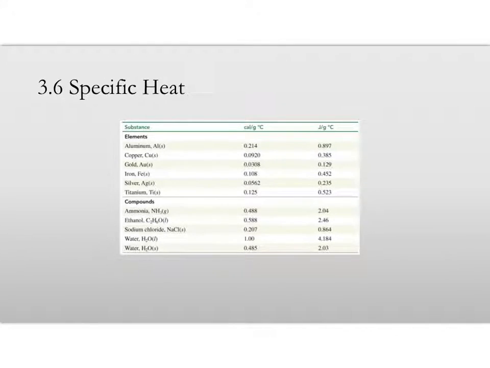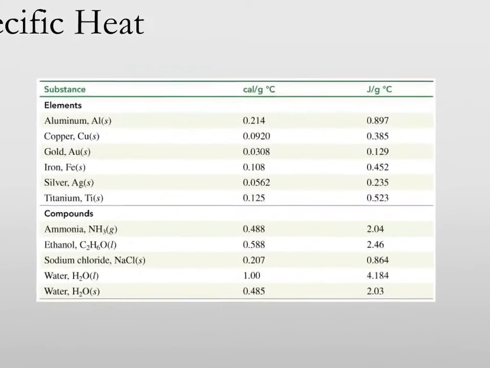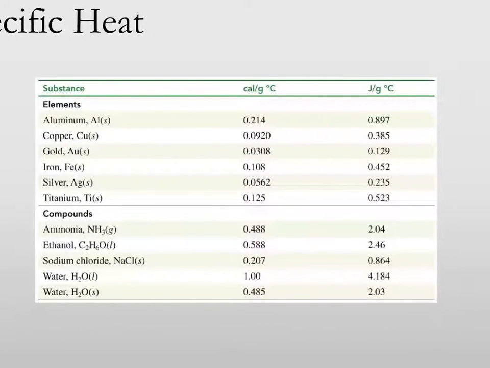Examples of specific heats are given in here for many different elements and compounds. You've got aluminum has a specific heat of 0.214 calories or 0.897 joules. Copper is 0.385 joules per gram per degree Celsius, and so on and so forth.